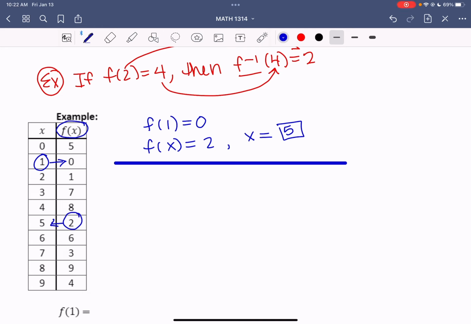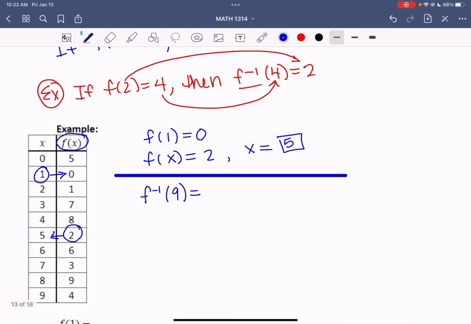Now, let's look at this from an inverse perspective. If it said f with a tiny little -1 of 9, that reads as f inverse of 9. Remember, up here in our example, these were our x values and y values. So when we go inverting them, these are y values, these are x values.